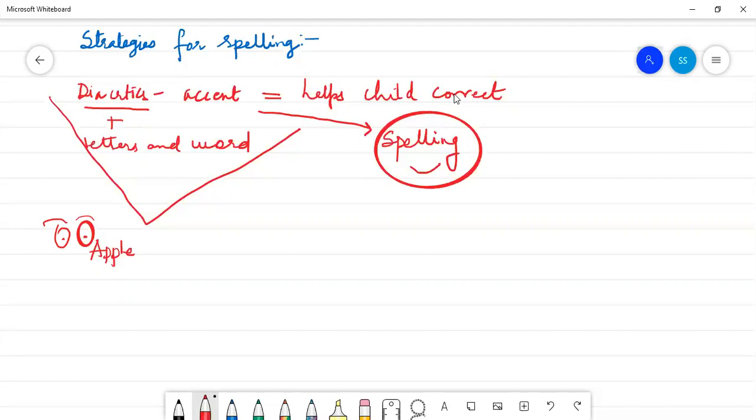Then you must ask the child, close your eyes and visualize how the apple looks, letter by letter. This is A, this is P, this is P, L, E. So letter by letter, and then ask them to stay with one word until they can clearly visualize it. That's why visualization plays an important role in spelling.